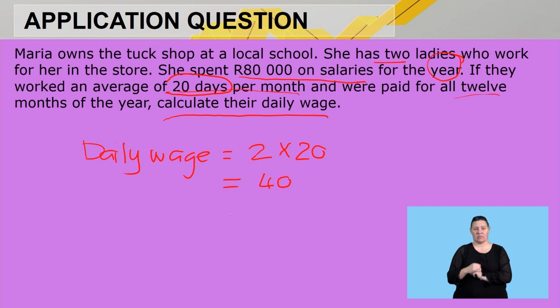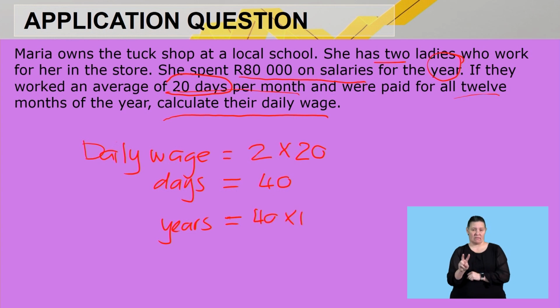And then for the year, how many days they're working is 40 times 12, because there's 12 months that they were paid for. So that is 480 days worth of pay in the 80,000 Rand.